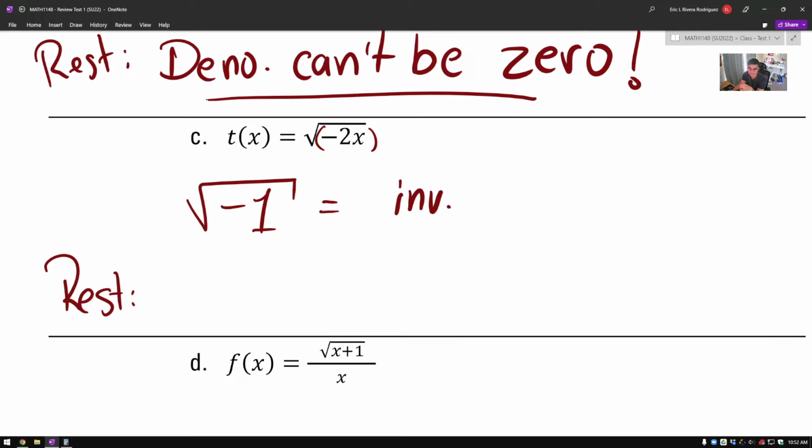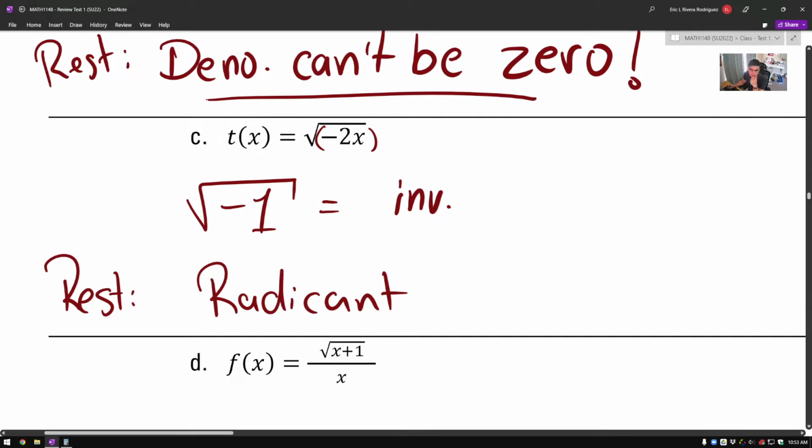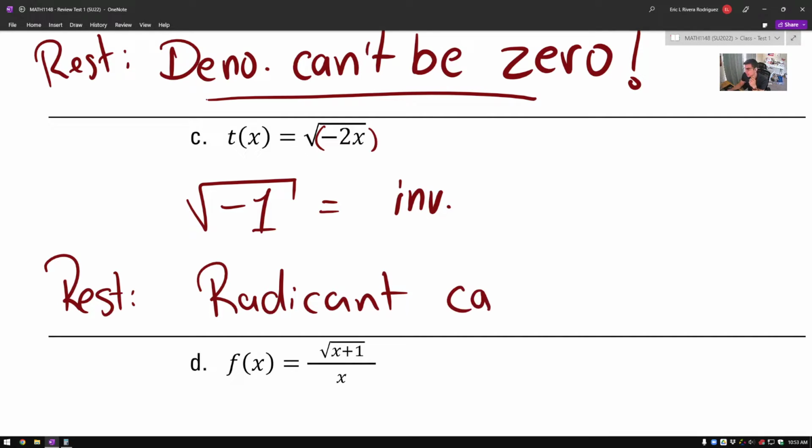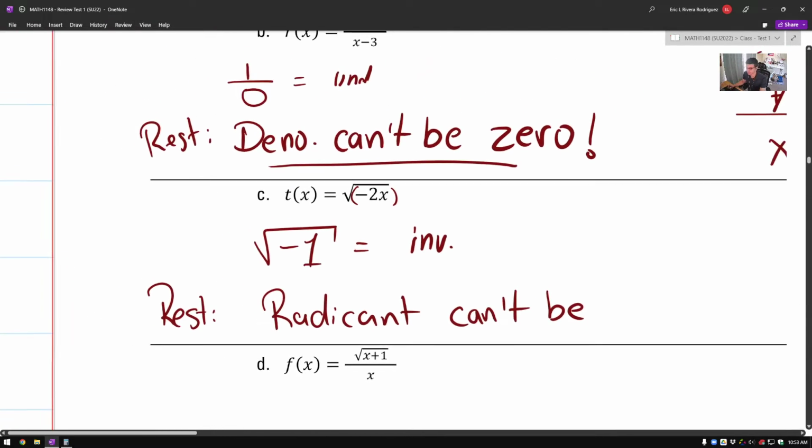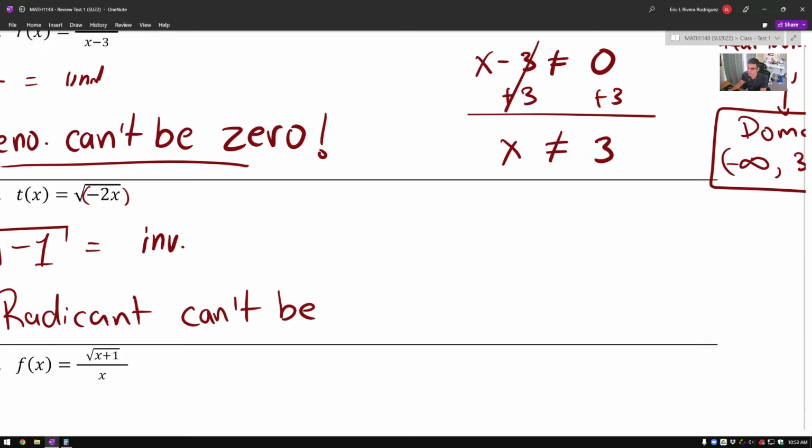So the restriction is that the radicand, I think radicand is spelled this way, let me double check that. Okay, radicand can't be negative.